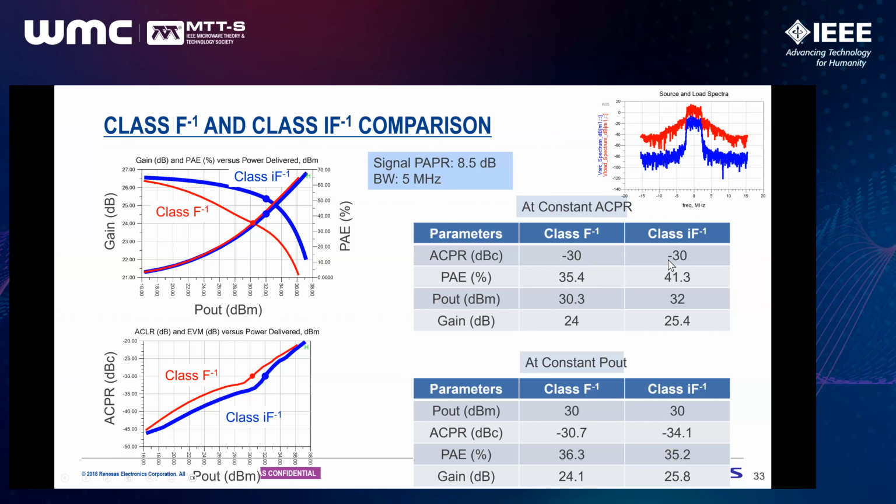The point is, since inverse class F starts compressing at a very early power level, its SCPR degrades and linearizable efficiency is reduced. Similarly, for constant Pout, we can see that class F-inverse improves SCPR by almost 4 dB while maintaining similar PAE.